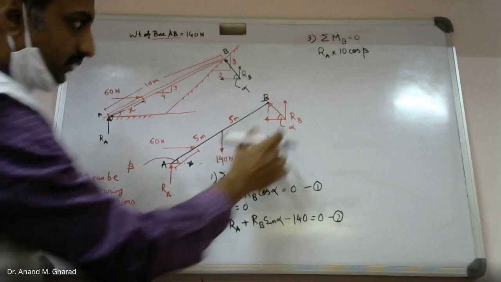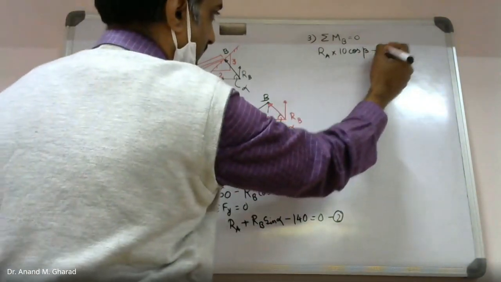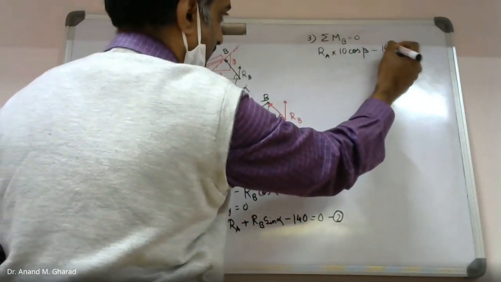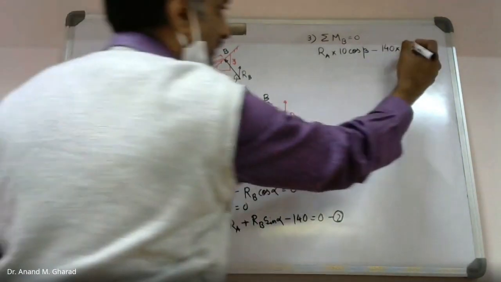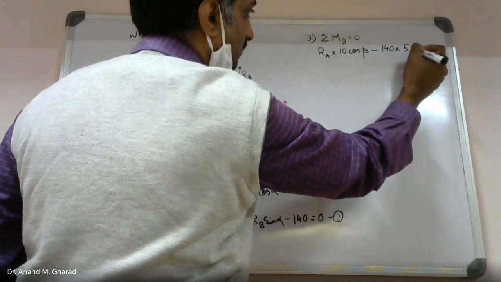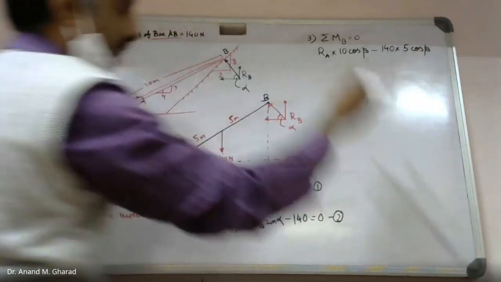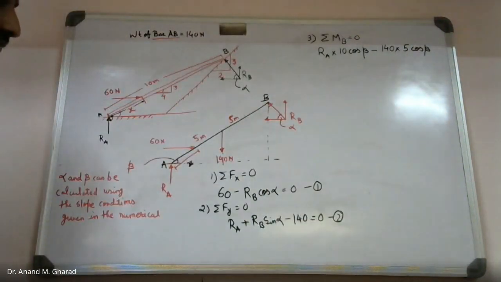What is that perpendicular distance? 140 into, this is the perpendicular distance. How much will it be? 5 cos of beta, anti-clockwise direction.